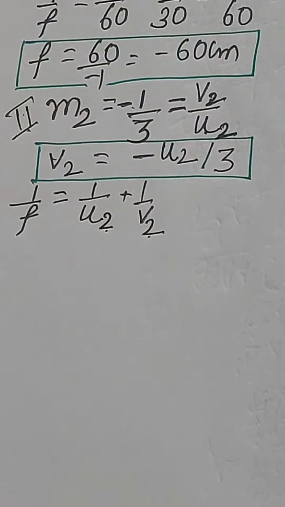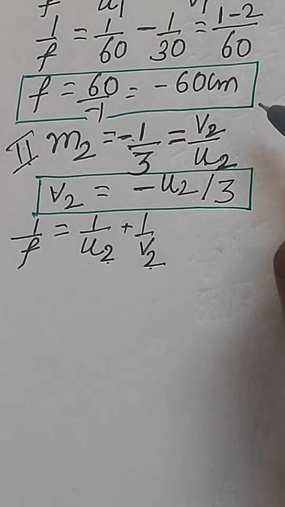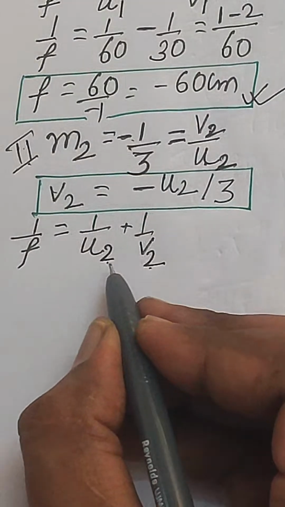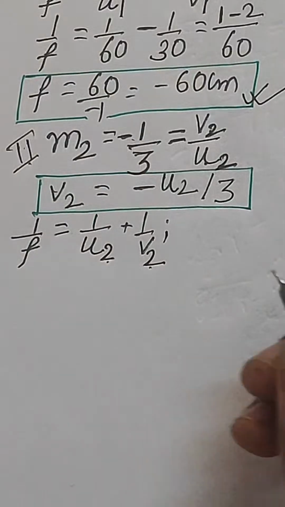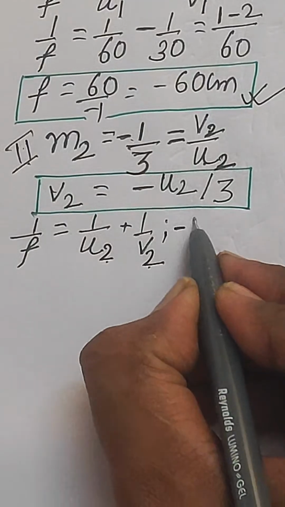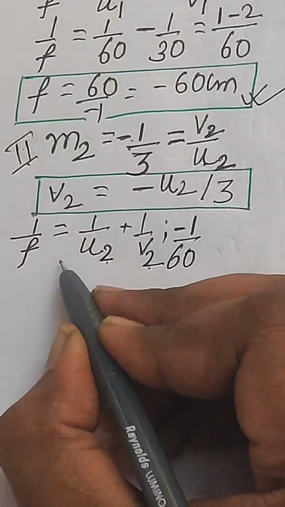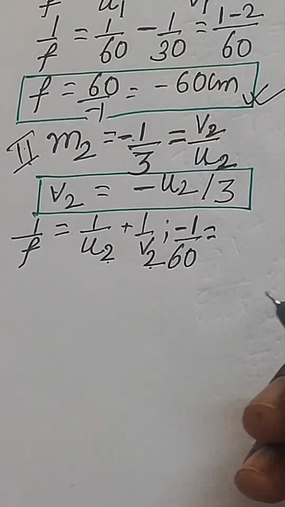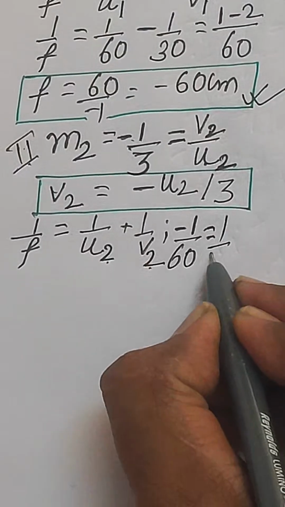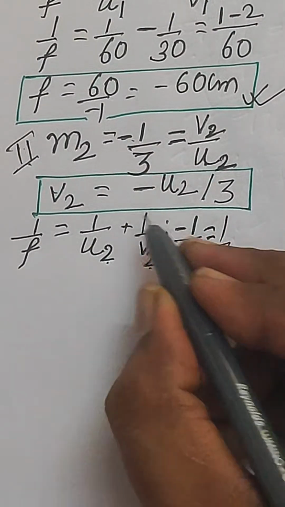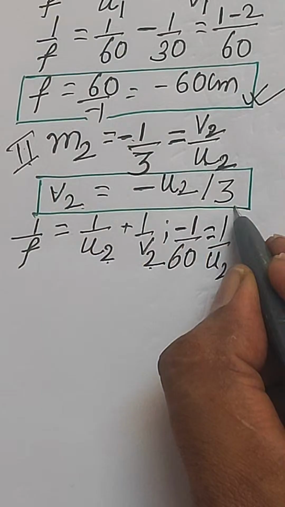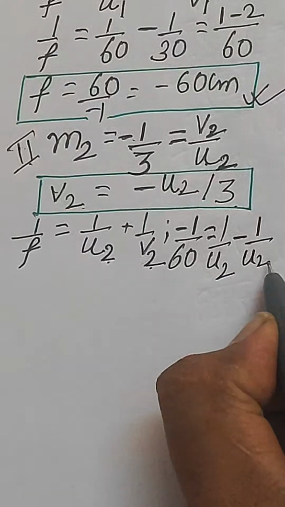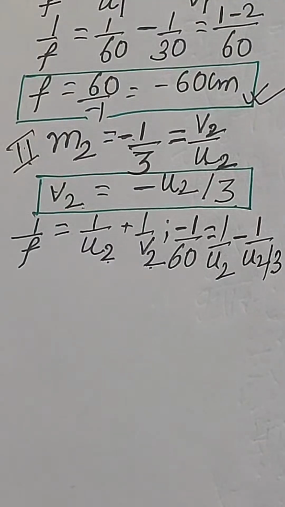You can see here. So just put the value here. This will be minus 1 by 60 in place of 1 by f, is equal to 1 by u2, and in place of v2 write minus u2 by 3. So it will be minus 1 by u2 by 3, right?